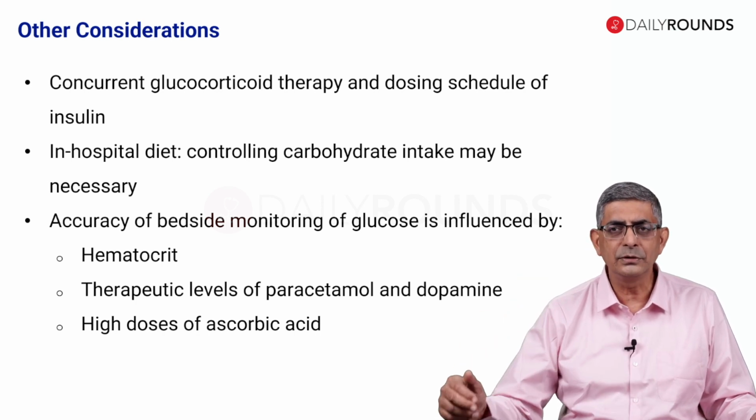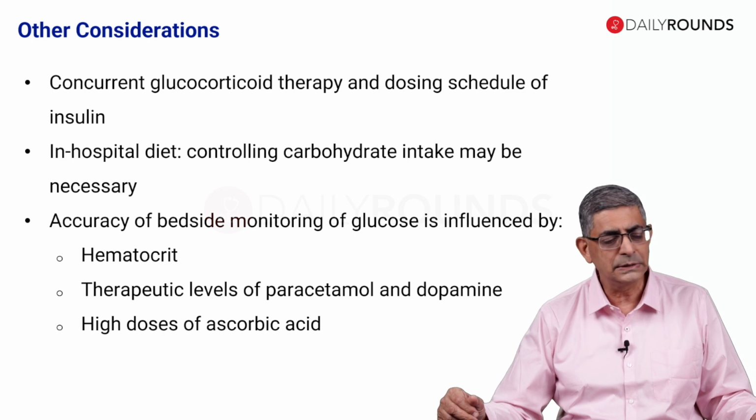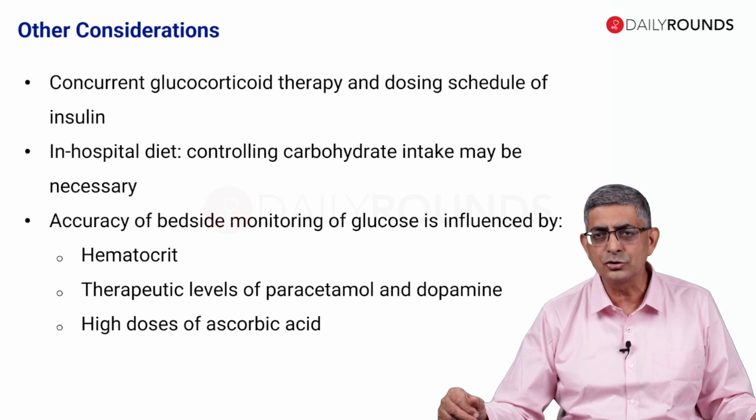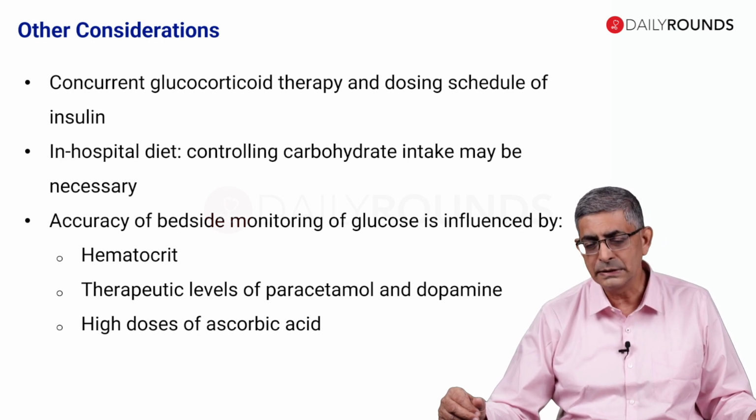Particularly, you may have drugs which can cause increased insulin resistance or counter insulin hormone levels. For example, patients in critical care units may be on inotropes or steroids, and these may be reasons why somebody has a sudden increase in their blood sugar values. High doses of ascorbic acid may also interfere.